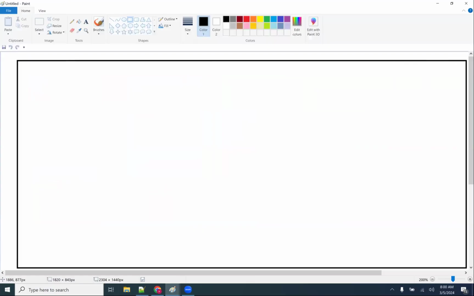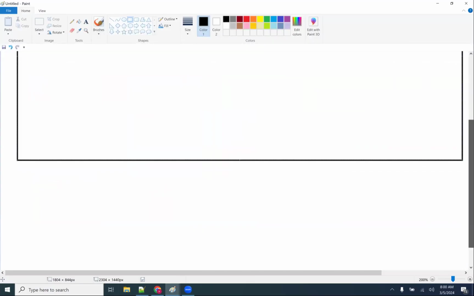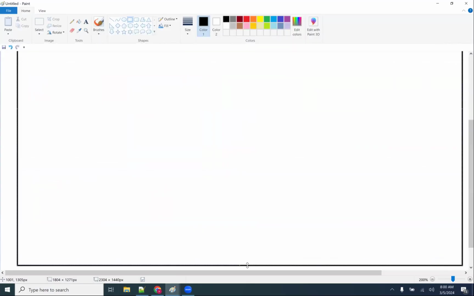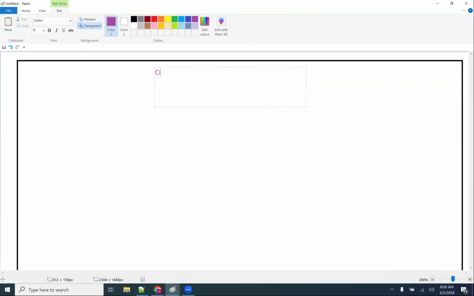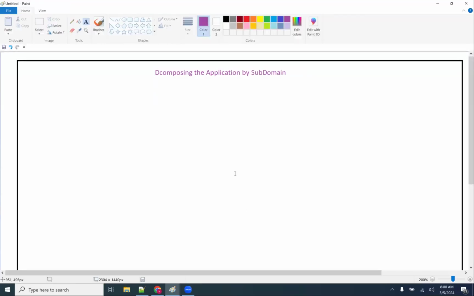Now I'm going to write over here: decomposing the application by domain, subdomain. Decomposing the application by the subdomain.